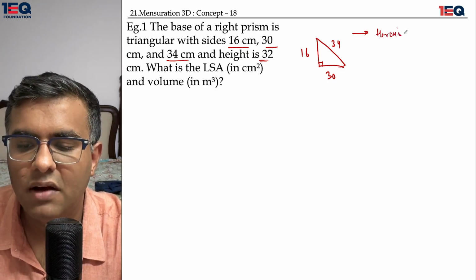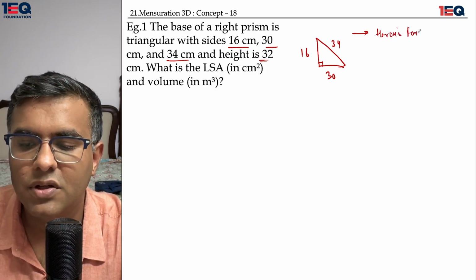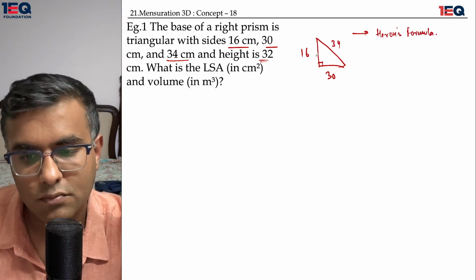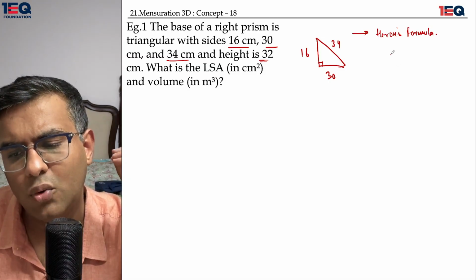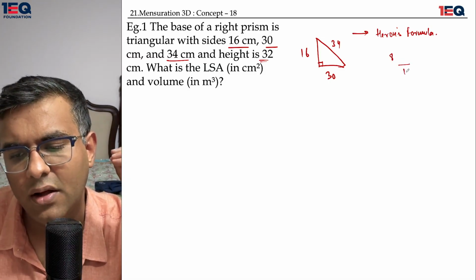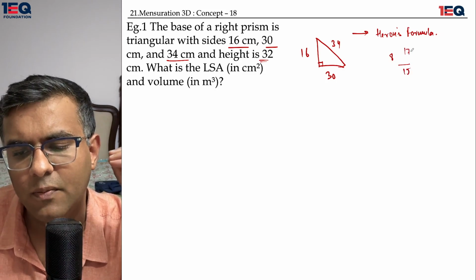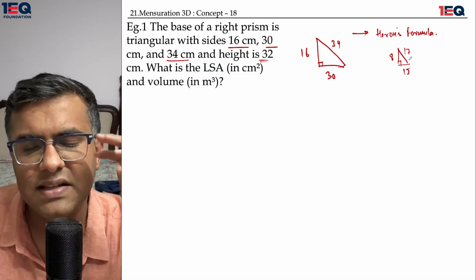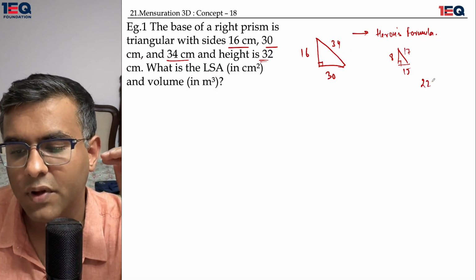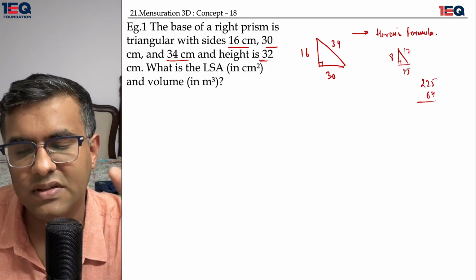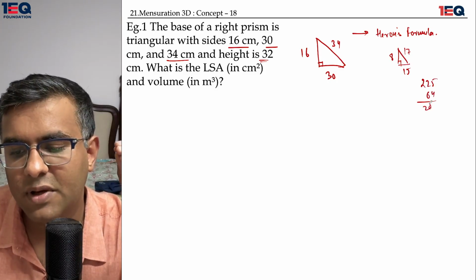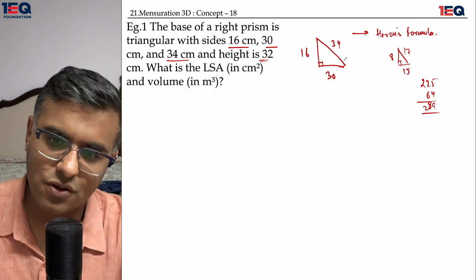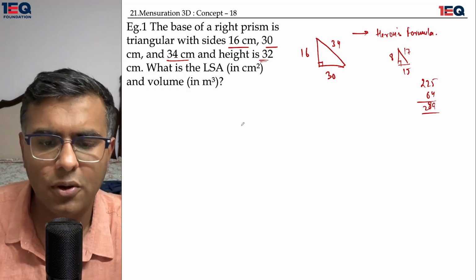I can see a common factor of 2 here, so I can have 8, 15 and 17. Taking 2 common out of all the sides, 225 plus 64, which is 15 squared plus 8 squared, makes 289, which is the square of 17. So I'm very sure that this is a Pythagorean triplet.